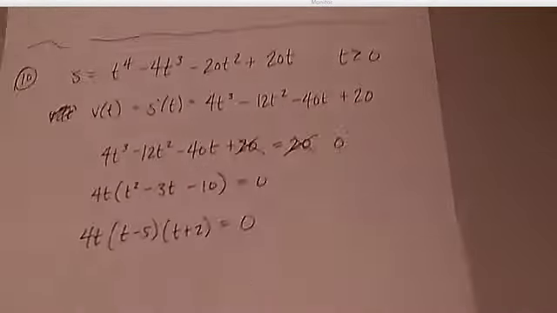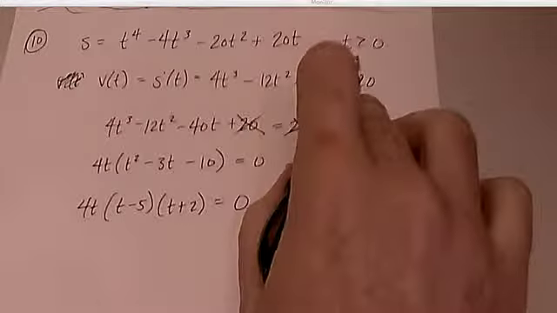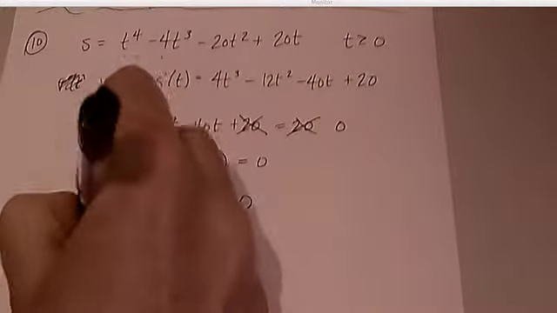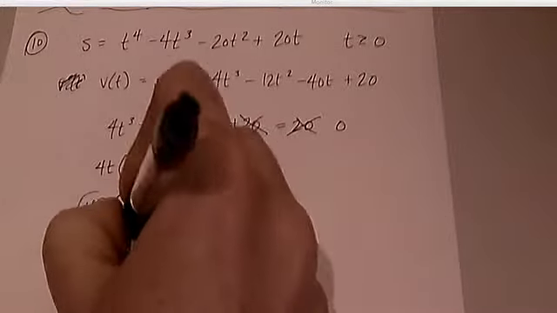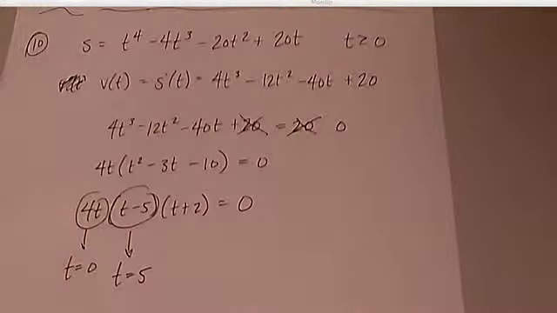Now, the t plus 2 doesn't really matter because that's going to give us a negative t value, and we've already stipulated that t is greater than or equal to 0. So we know that at t equal to 0 and at t equal to 5, the velocity is equal to 20 meters per second.